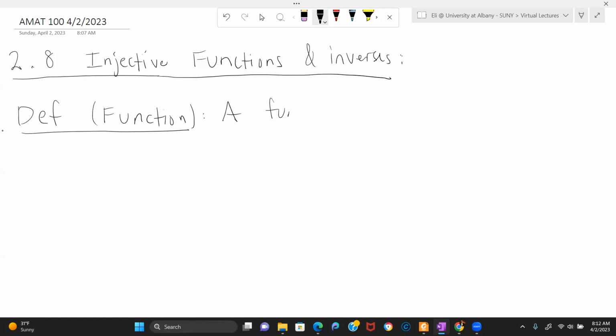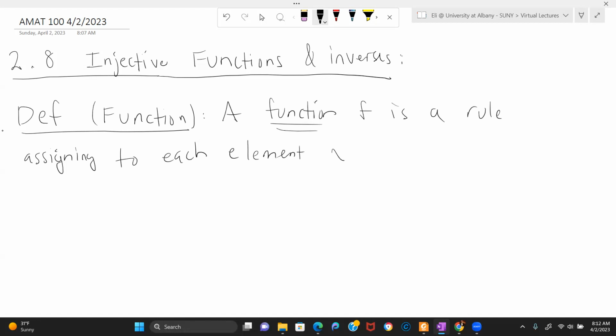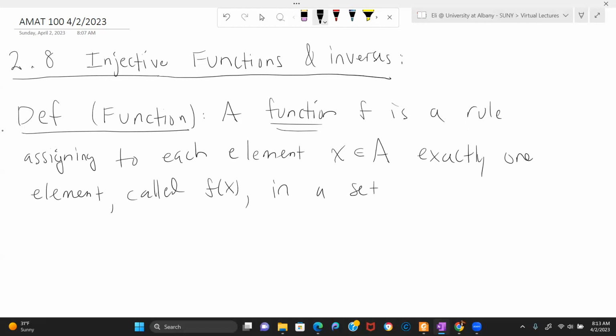So a function, recall, denoted by f, is a rule assigning to each element x in some set A exactly one element, called f of x, the result of applying f to x, in a set B.